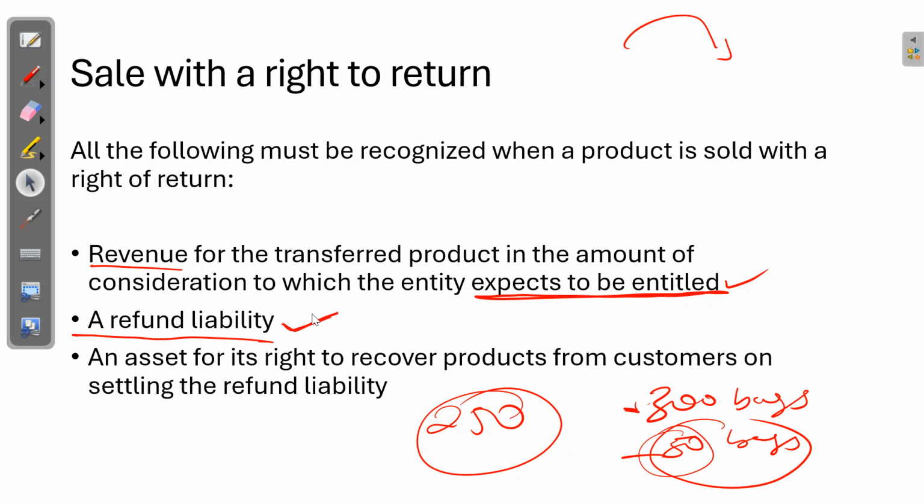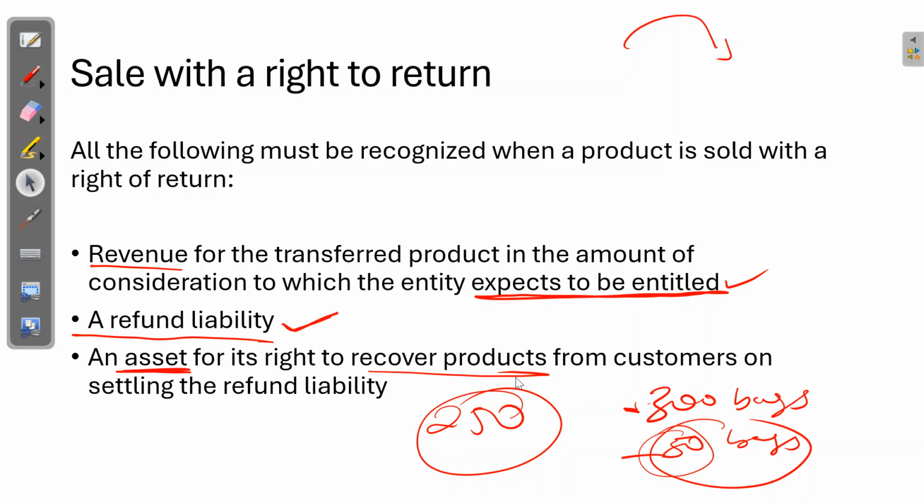That's one. Then we should also recognize an asset for whatever the customer will bring back to us. If the customer brings the goods back to us, it becomes like inventory for us. Maybe it's damaged or whatever it is, we will receive it into our store.